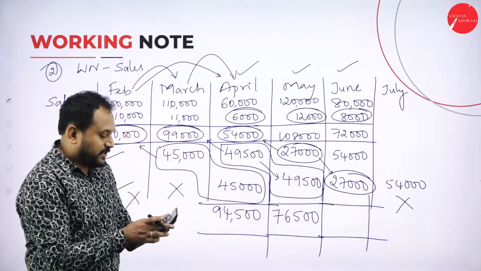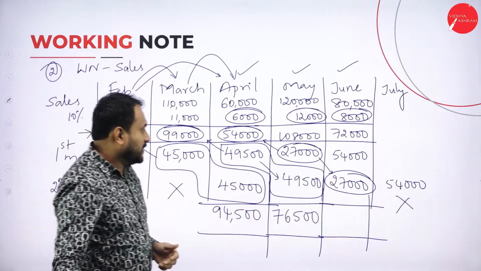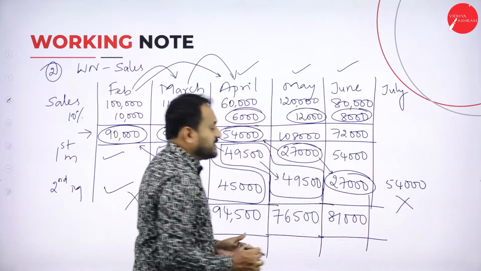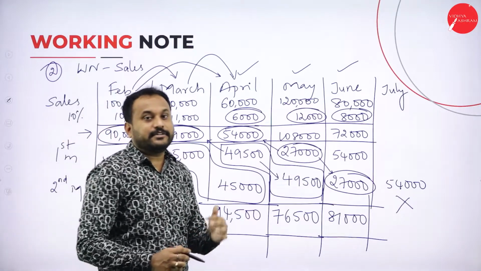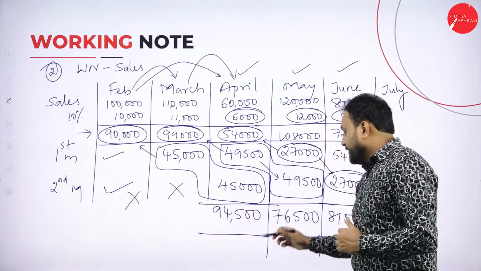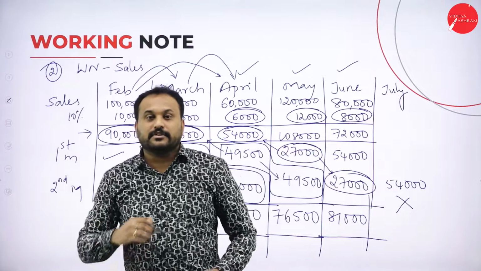Next one we have is 54 plus 27, that is 81, so we have 81,000. So what is the sales which we have collected in the month of April, May, June? That is 94,500, 76,500 and 81,000. That we are supposed to write.